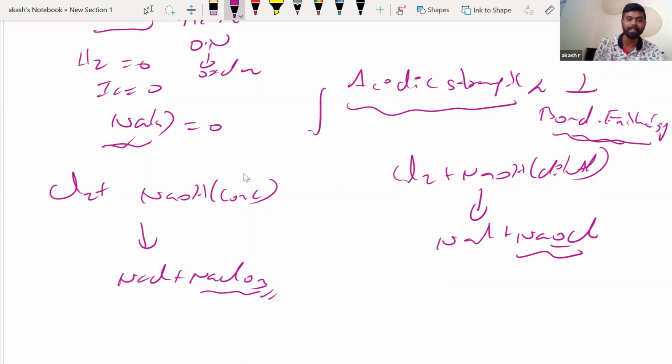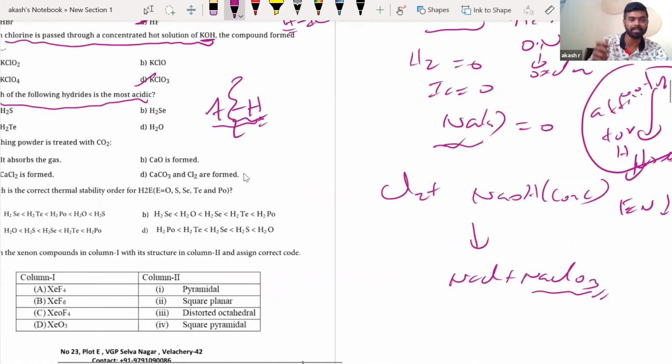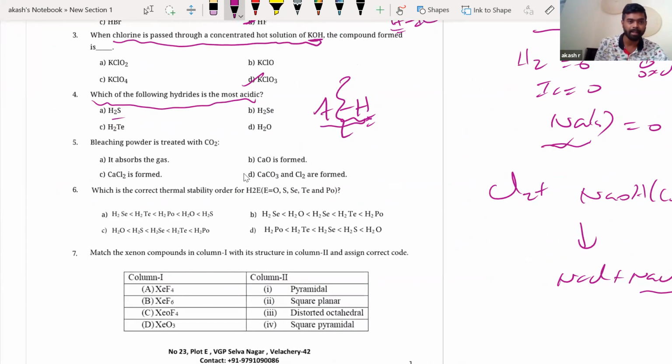And I know when I go down the group, affinity for hydrogen decreases. We saw in the last question also. Why? Because electronegativity decreases. So now you see what are all the elements present: sulfur, selenium, tellurium, oxygen. If you remember the group, it is oxygen, sulfur, selenium, tellurium.